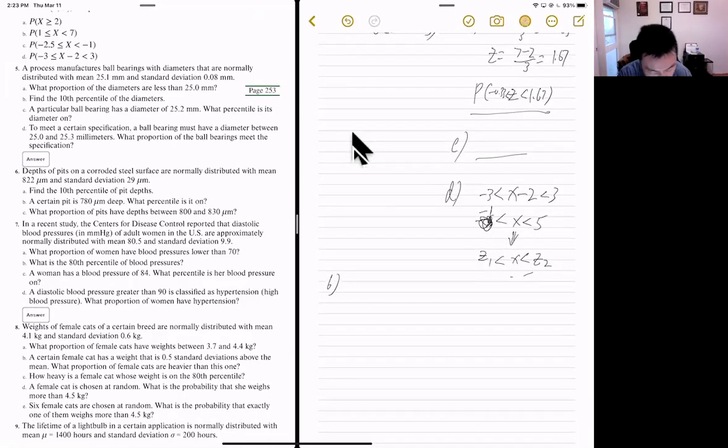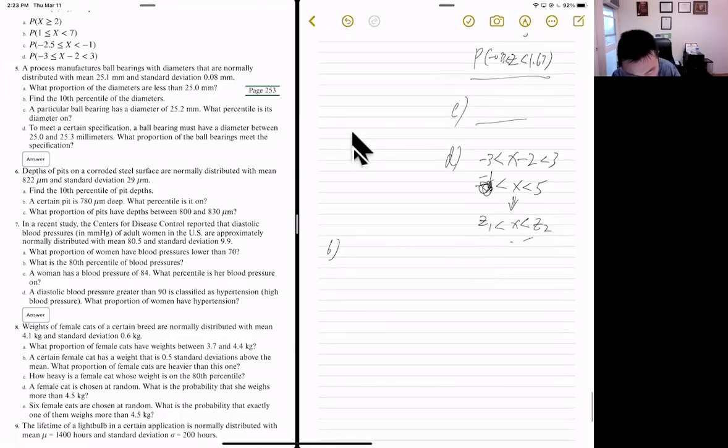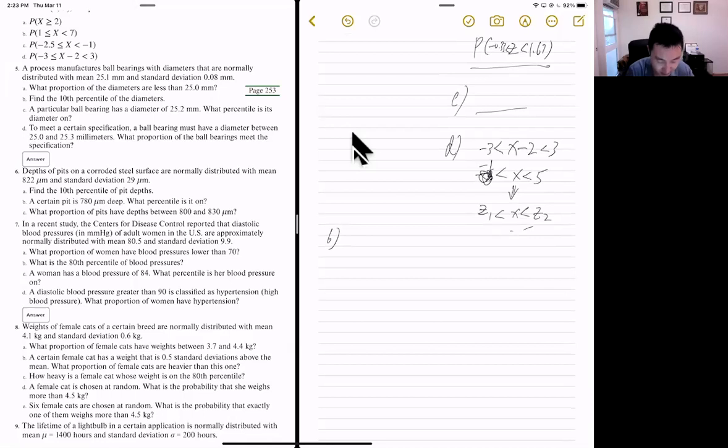Right. So the depth of pits on a corroded steel surface, so that's one type of corrosion of steel, are normally distributed with mean value 822 μm, micrometer, standard deviation of 29 micrometer. Okay.